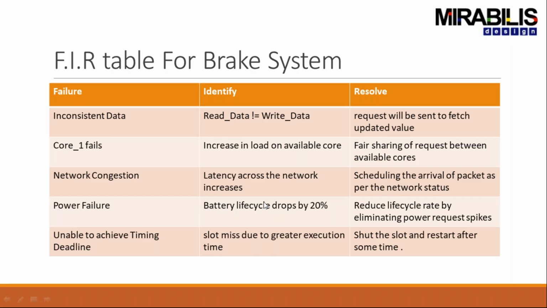So in this we will get to see some of the failures corresponding to different hardware, software, and network. So suppose we already talked about the types of failure, and in that we see that hardware failure corresponds to core fail, and inconsistent data corresponds to software failure. So all these have been implemented in VisualSim, and when we move forward, I will show you one by one the models that have all these failures implemented in them.